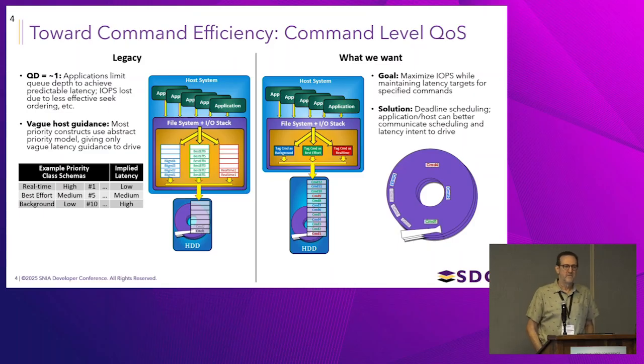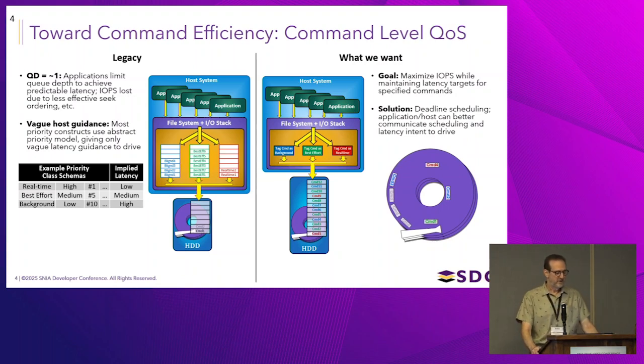The other problem generally with priority schemes, when we talk about QoS, is that they have typically been pretty vague. So you get things like real-time, best effort, background, high, medium, low, a numerical 1, 5, 10, but they kind of imply a latency, but they're not based in time.